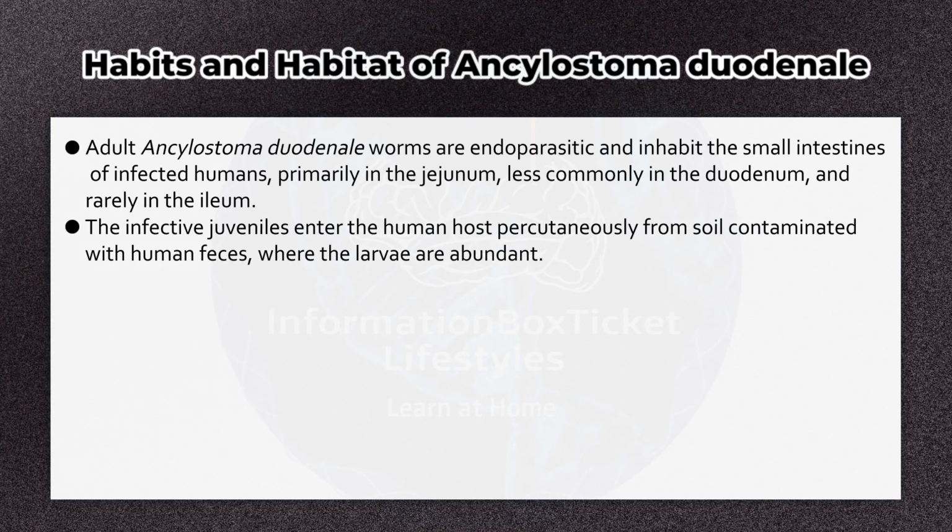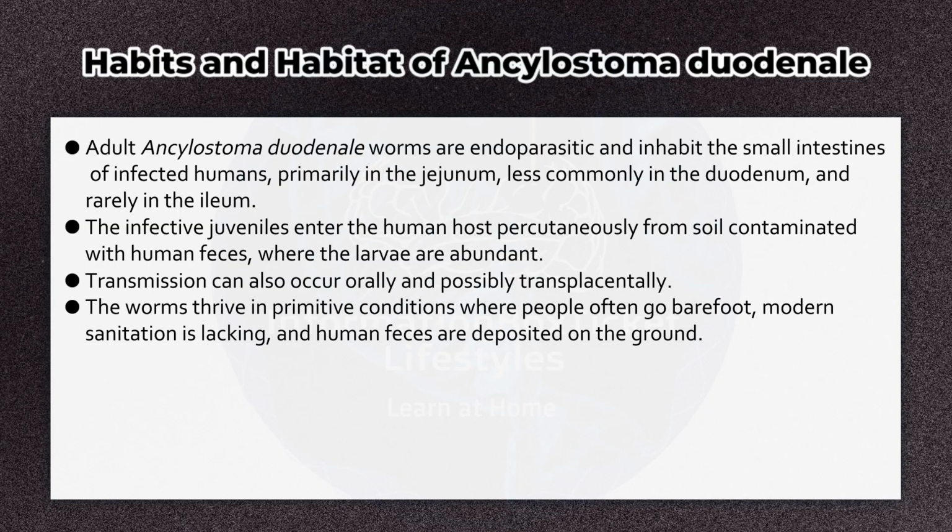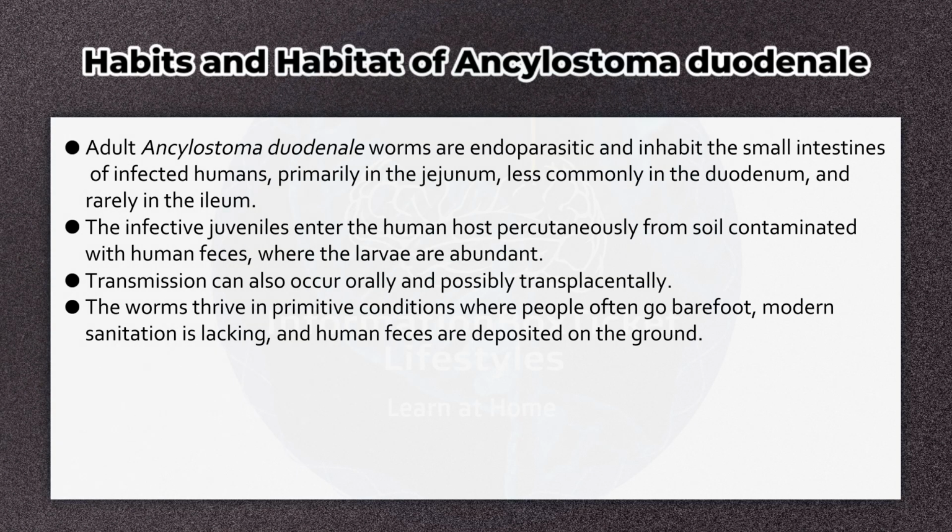The infective juveniles enter the human host percutaneously from soil contaminated with human feces, where the larvae are abundant. Transmission can also occur orally and possibly transplacentally. The worms thrive in primitive conditions where people often go barefoot. Modern sanitation is lacking, and human feces are deposited on the ground.